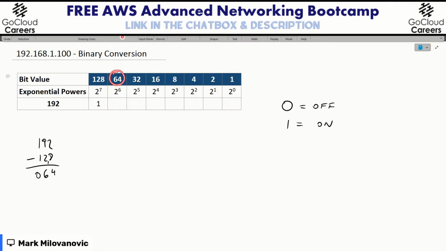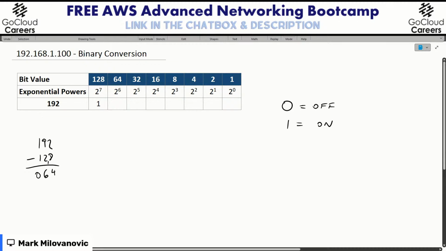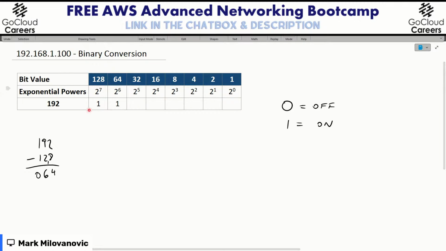I have left the values 64, 32, 16, 8, 4, 2, and 1. So what would you guys pick? 64. Fantastic. We denote it by adding a 1 so that we know we want to pay attention to it, that it's on. I hope nobody disagrees with that.